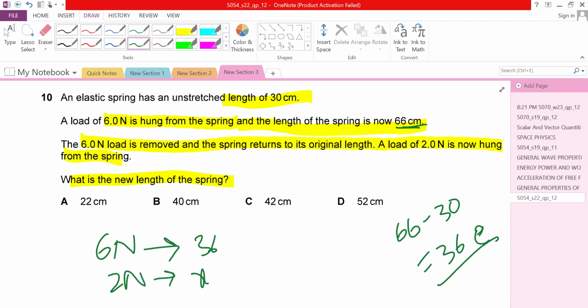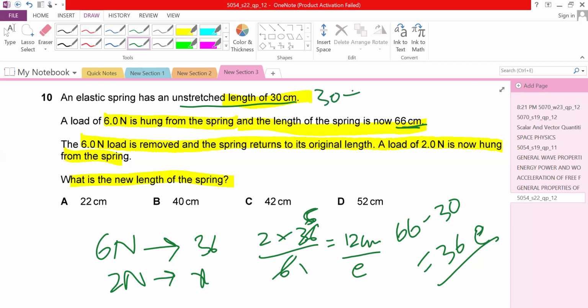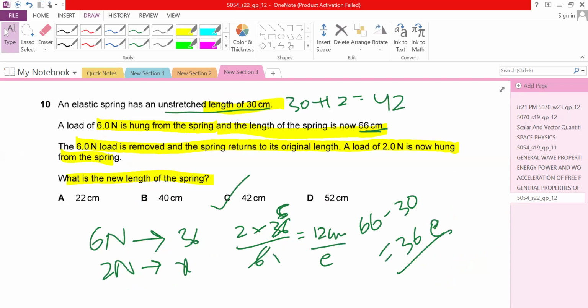You have to cross multiply. 2 into 36 divided by 6, 6 ones are 6, 6 sixes are 36, 2 sixes are 12 centimeter. So this 12 centimeter is the extension for 2 Newton. Now you have to add the initial length, or the unstretched length, 30 plus 12, so it would give you 42. Option C is correct for question number 10.